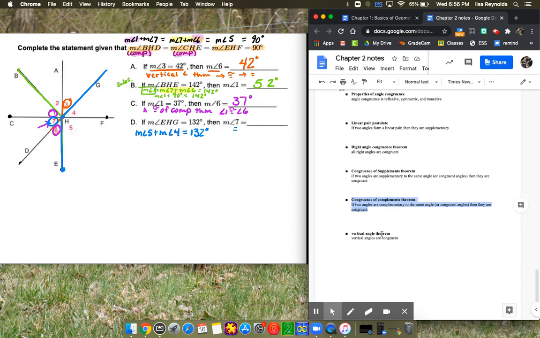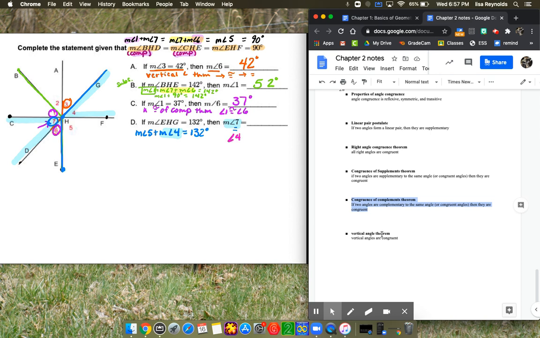Okay, so here's the thing. My angle 4 and my angle 7 form two pair of opposite rays. So angles 4 and 7, because they form those opposite rays, I get vertical angles.